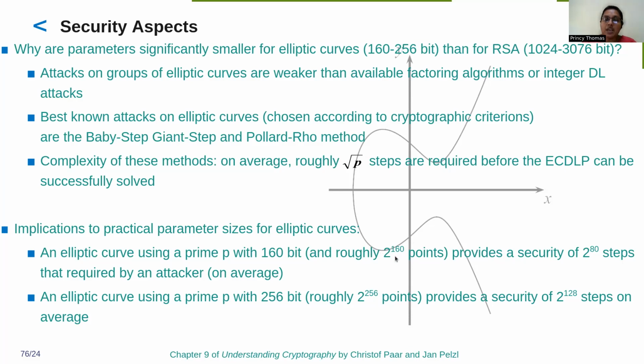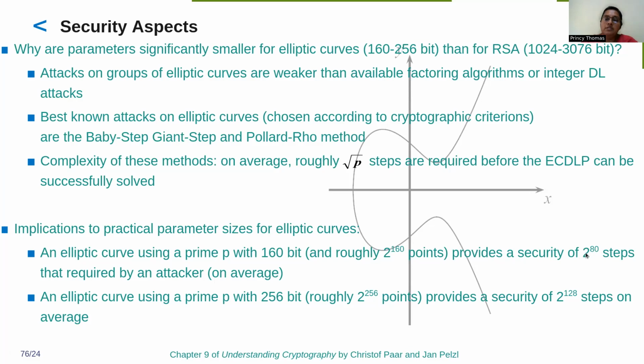Root P steps, when it is 2 raised to 160 points, means 2 raised to 80 steps. If you remember the bit arithmetic, you divide by 2; 160 divided by 2 gives root P. So 2 raised to 80 steps are required for an attacker to solve this ECDLP problem.